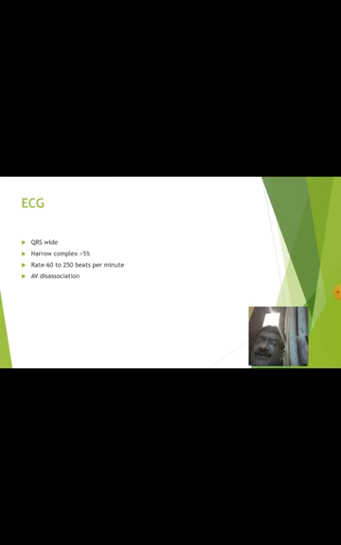That is a very minuscule percentage and you don't have to sweat a lot reading about it. So the rate is anywhere between 60 to 250 beats per minute and there is AV dissociation. That's characteristic of the ECG in a broad complex tachycardia.